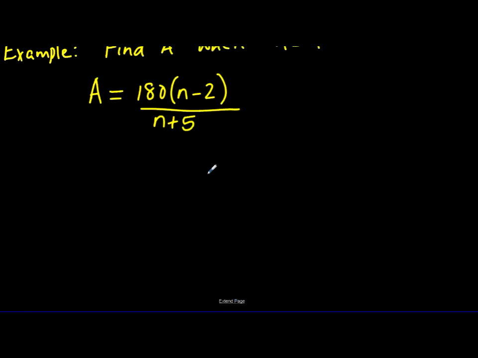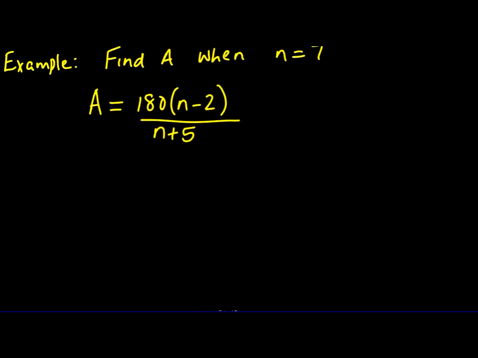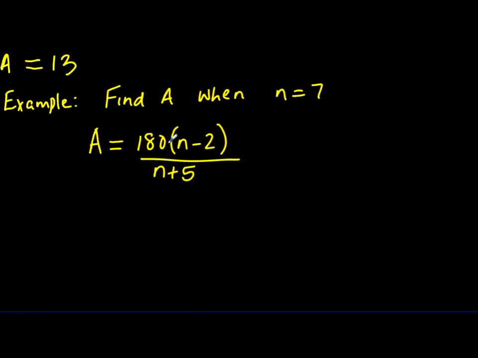So if I extend my page there, we have A equals 180 times, because there is an invisible multiplication sign between the 180 and the bracket, so that's there, over n plus 5.